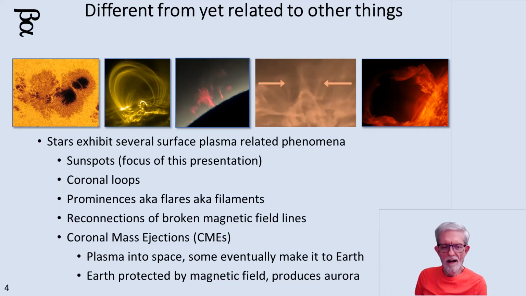And then if you have enough energy in the field lines to accelerate plasma to overcome the gravity of the sun, then the plasma will actually leave the sun and go out into space.